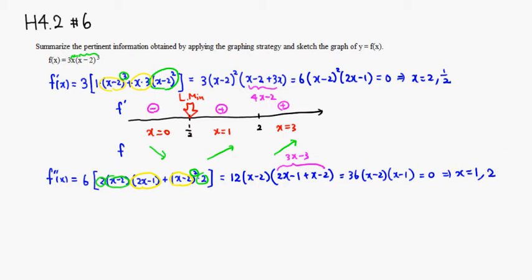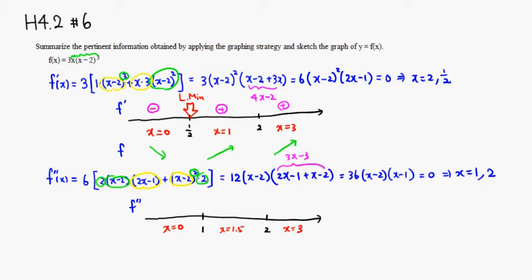So we're going to do the number line again. This time we're interested in the second derivative, f double prime, so let's look at the sign. Anything smaller than 1, I'll try 0. Between 1 and 2, I'll try 1.5. And anything bigger than 2, I'll try 3.